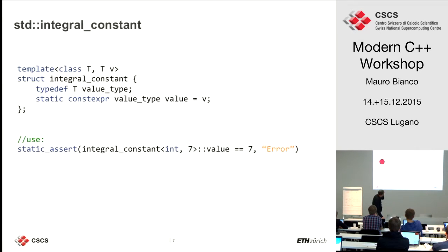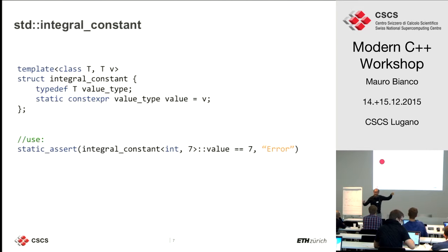How does it work? First of all, we need the concept of integral_constant, a class which has a static constant value of type T. So integral_constant<int, 7> is just 7, and this is compile time. A static assert is evaluated at compile time.